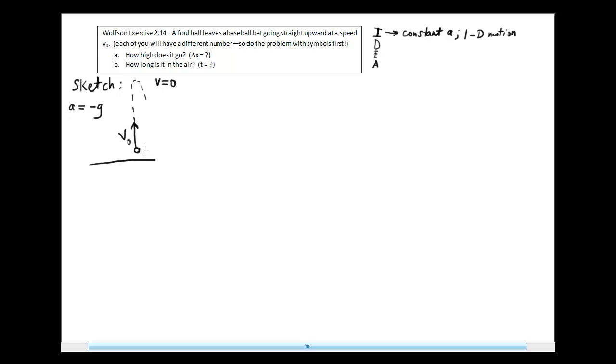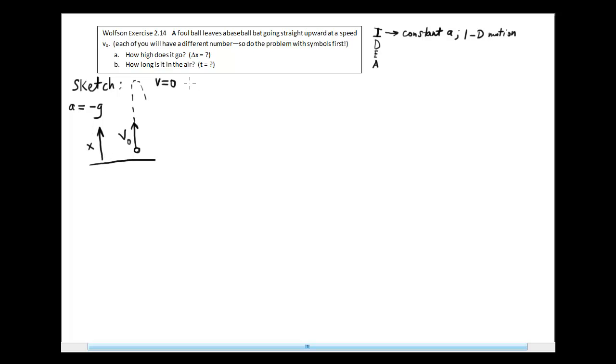But the velocity initially is v0. It slows down as it reaches the top. Then it reaches 0 for an instant and turns around and becomes negative. So on the way back down, the velocity is negative, because even though I haven't indicated it, I've been assuming that the x direction will be positive upward. Okay, that's my coordinate system in this problem.